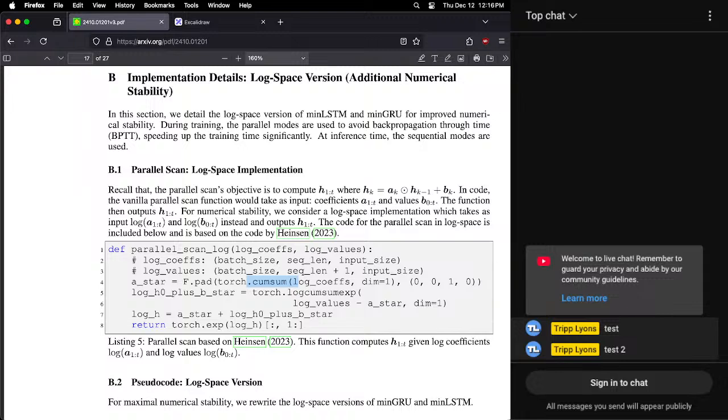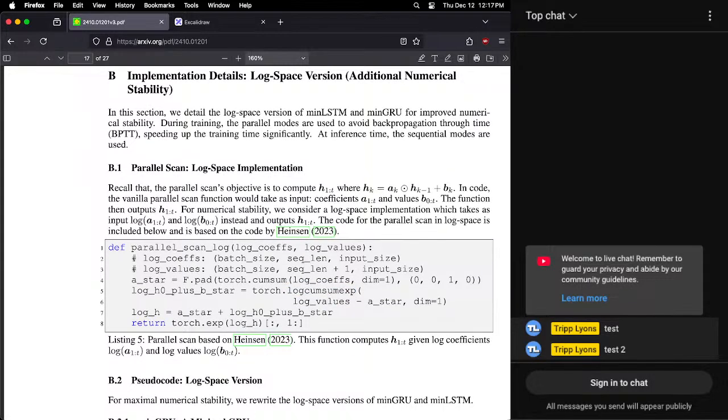Yep, there's basically adding them here and then normalizing. Then I guess the values are also in log space, so they can do that as well.